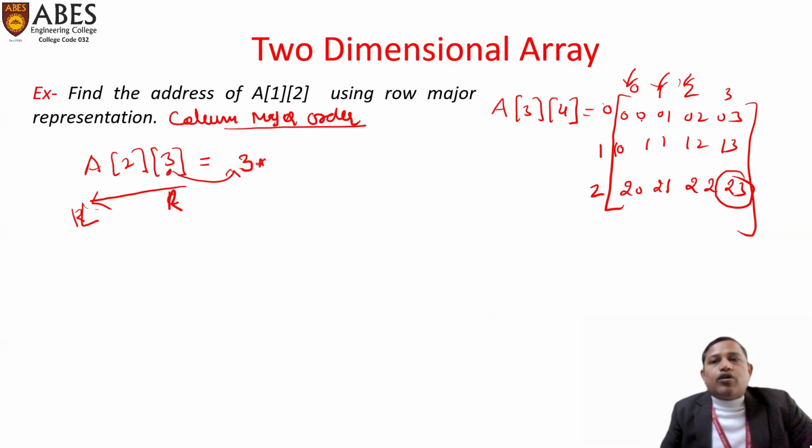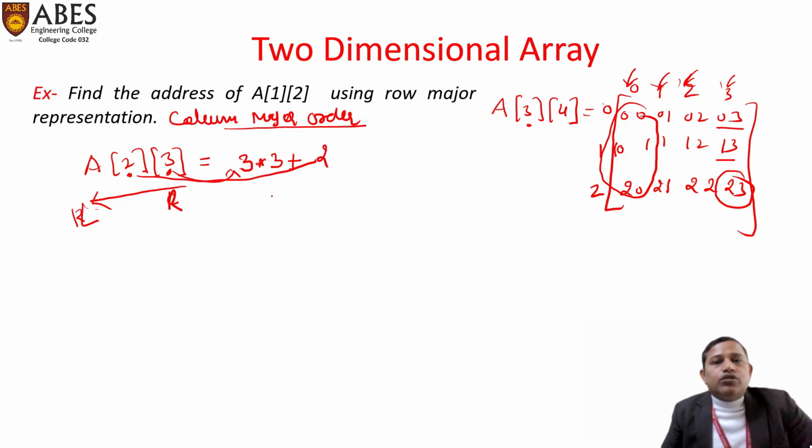Multiply by a column that contains the number of elements equal to the number of rows. That is 3, plus, if you reach here, then in this column you will cross 2 elements, that is the ith row, that is 2.